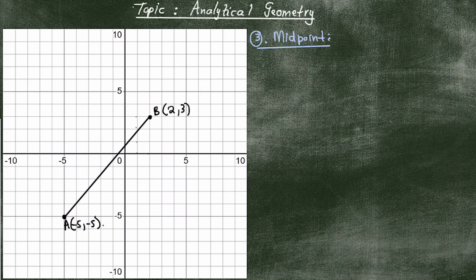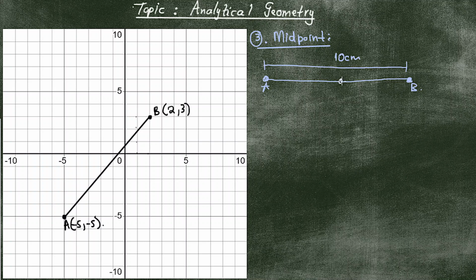So if this is a straight line like this, and this is A, and this is B, this is the line AB. It measures 10 centimeters from here to here. So the midpoint is going to be here.